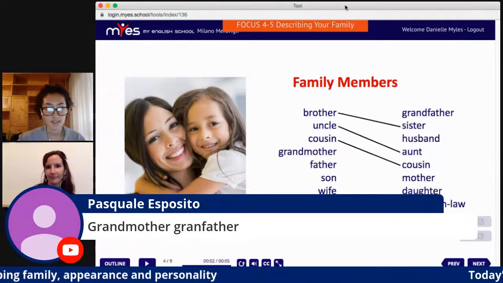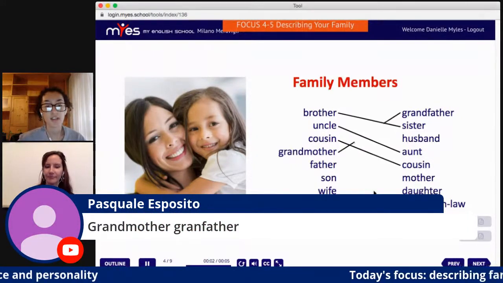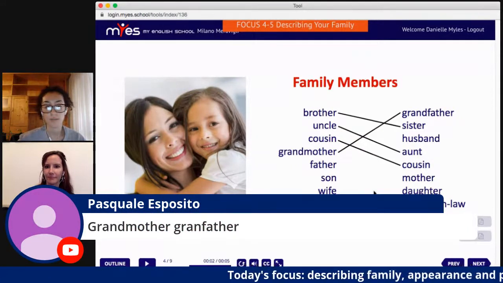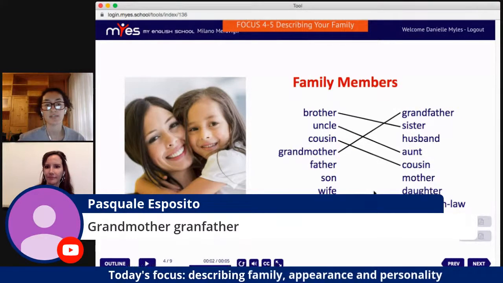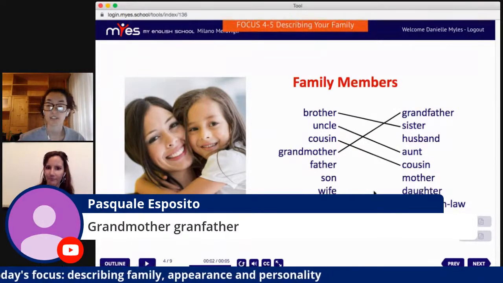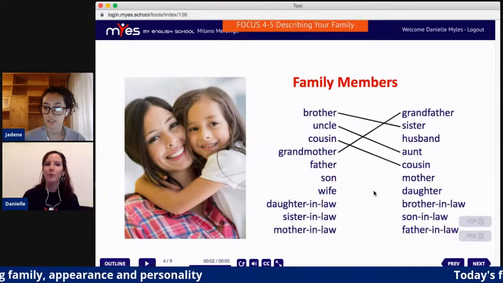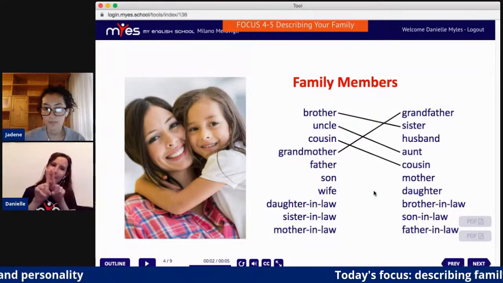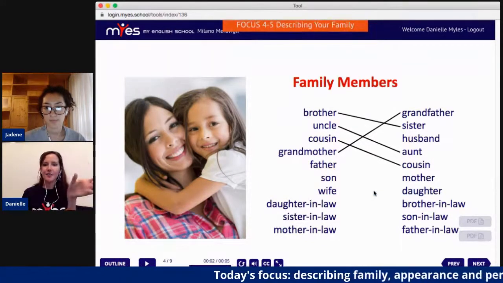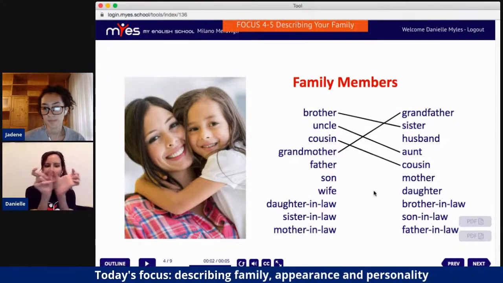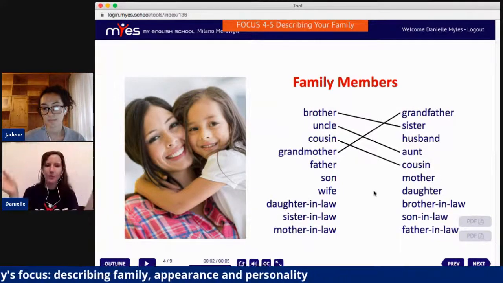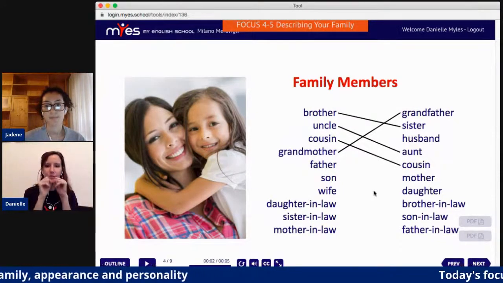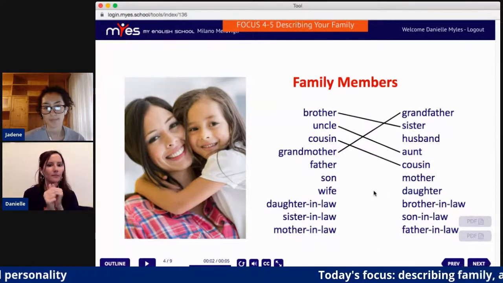Good. Again, so grandmother, grandfather. I don't know if that was a typo, but don't forget the D in grandfather. Good. And what do we call them together? So a grandmother and a grandfather, when they're together, what word do we use? We use one word. Does anyone know?